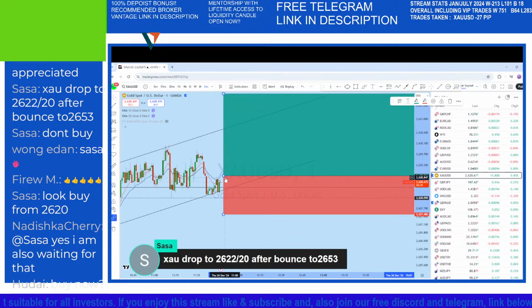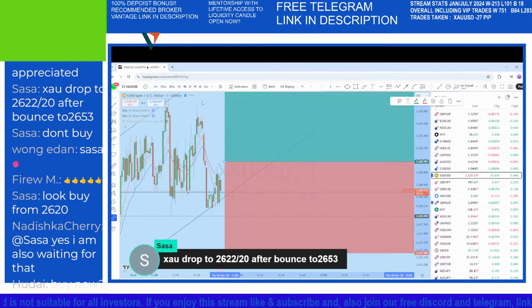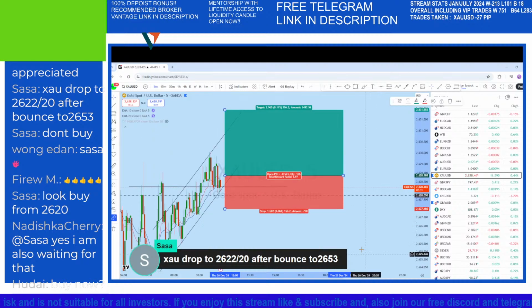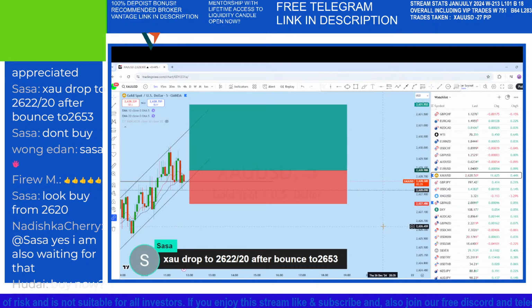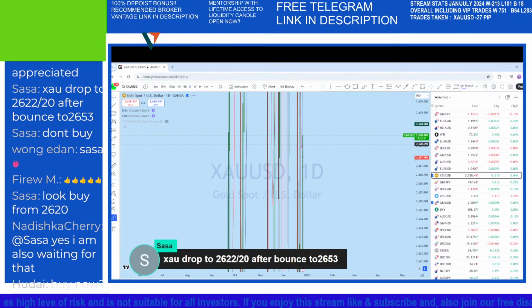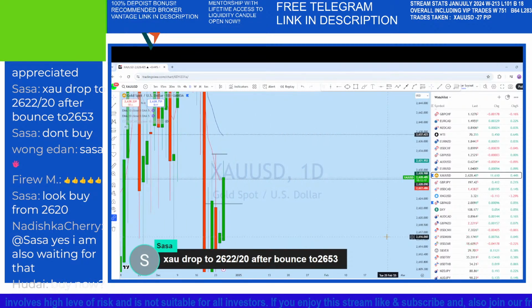Now the market became a little bit slower in movement, might pick up very soon. So looking at the daily here again, from the daily we can see that the market opened with a gap.